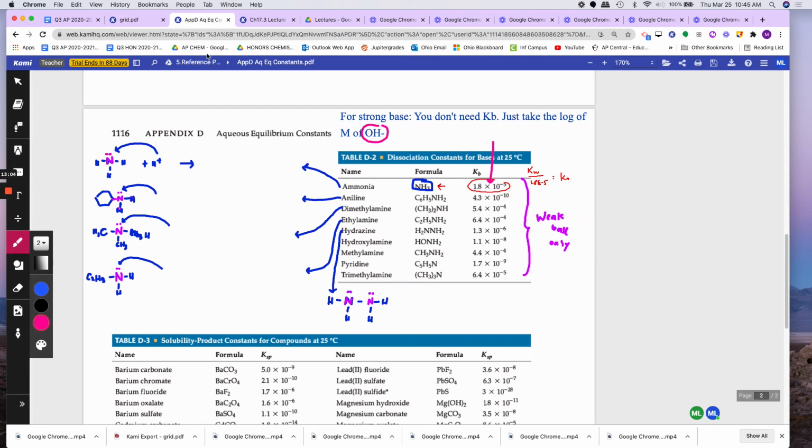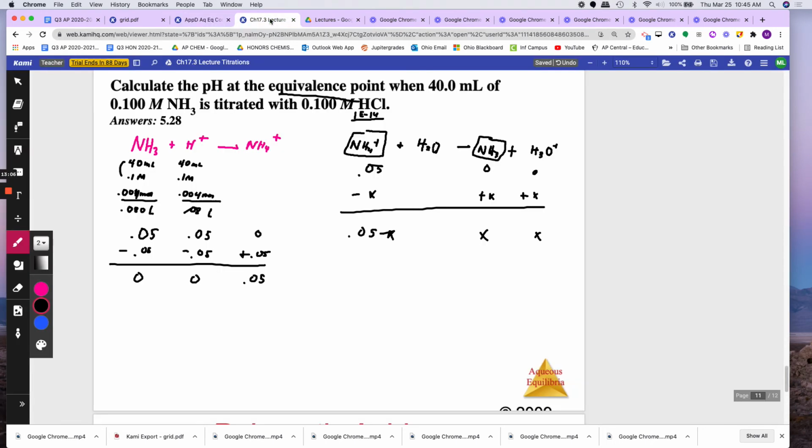Yeah, 1.8e negative 5. That will give Ka, which is 5.56e negative 10, is equal to x squared over 0.05, since this is going to be negligible.